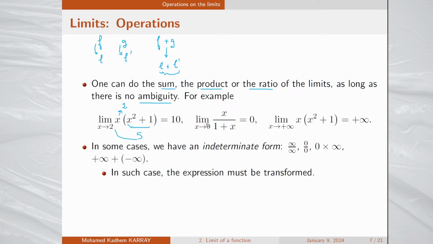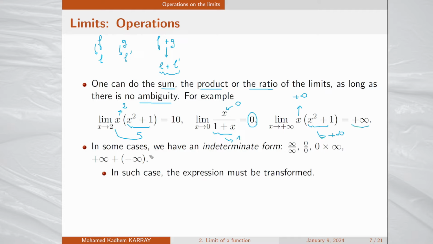Also, when x tends to 0, the numerator here approaches 0, the denominator approaches 1, and so the ratio will approach 0. Also, the product here, when x goes to infinity, this term goes to infinity, but this term also goes to plus infinity, so the product will go to plus infinity.